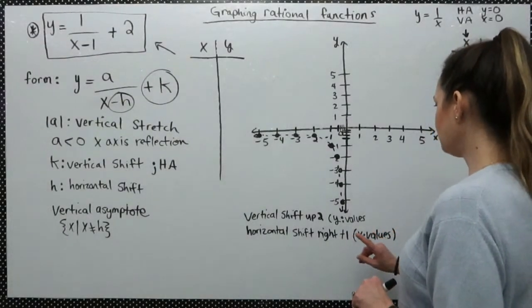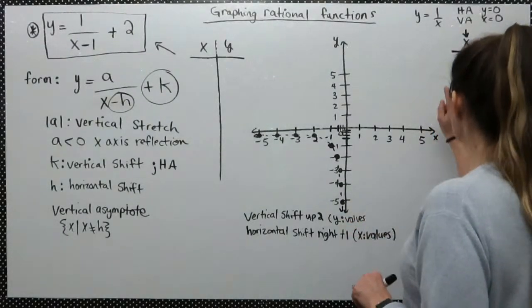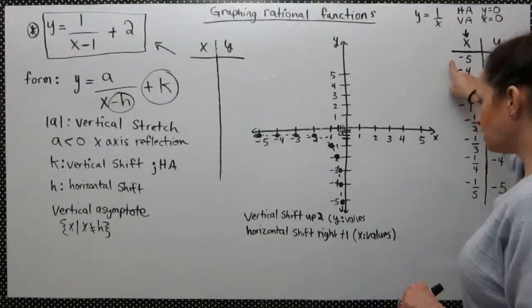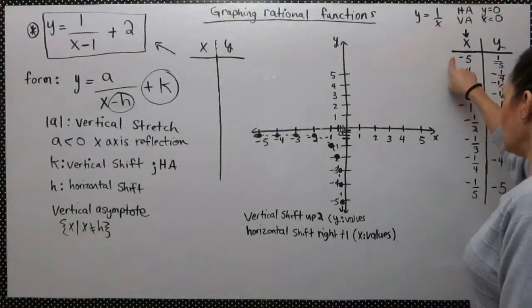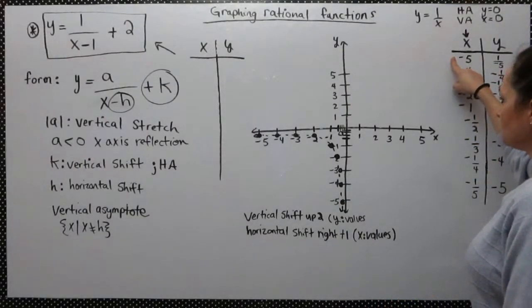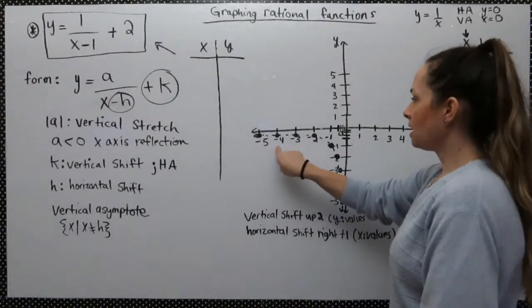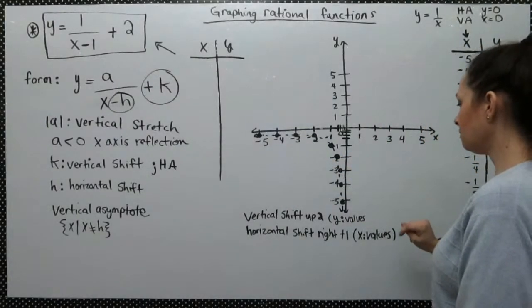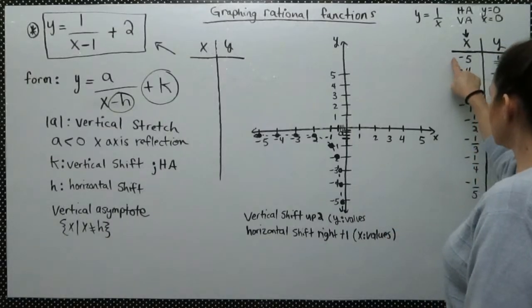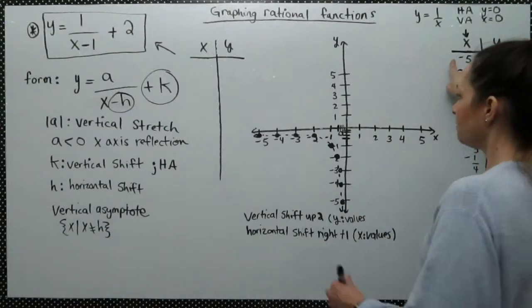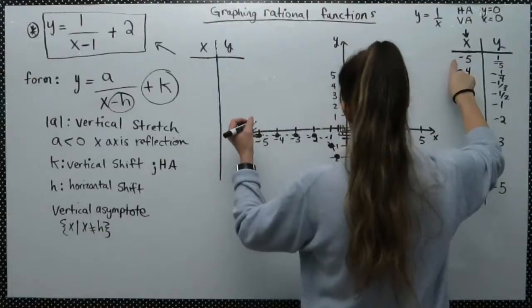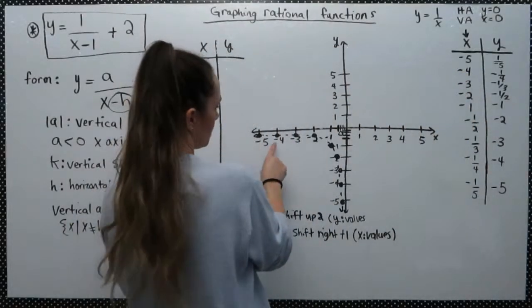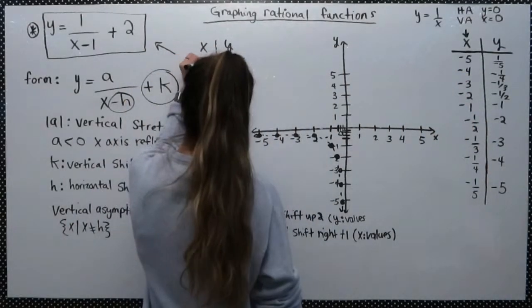So we're going to go ahead and take all of the x values first. And we're just shifting them to the right 1 unit. So everything in the graph, if it's -5 and I go to the right 1 unit, I'm going to be at -4.